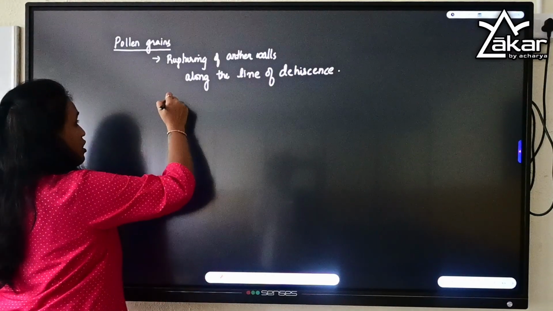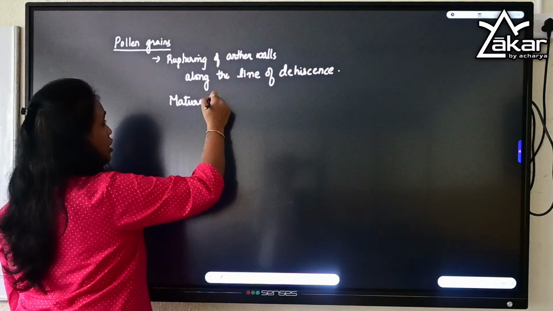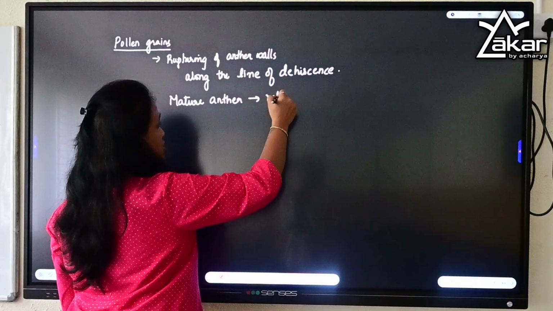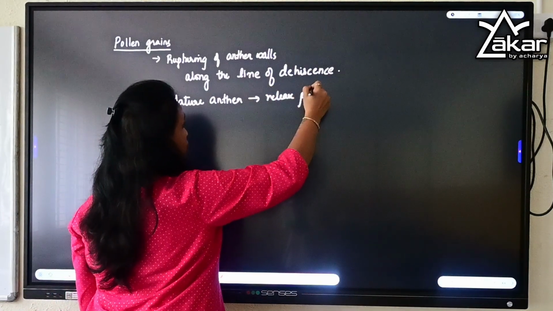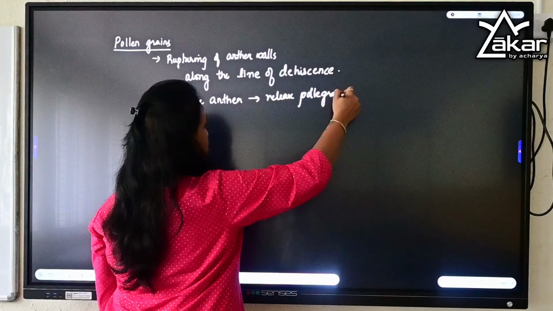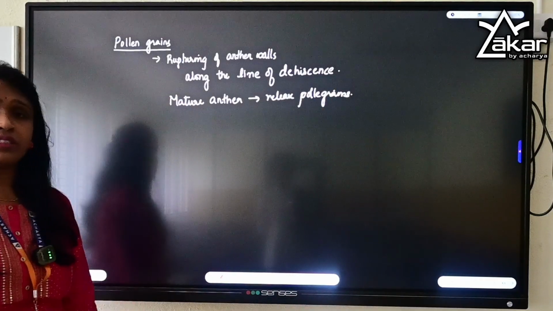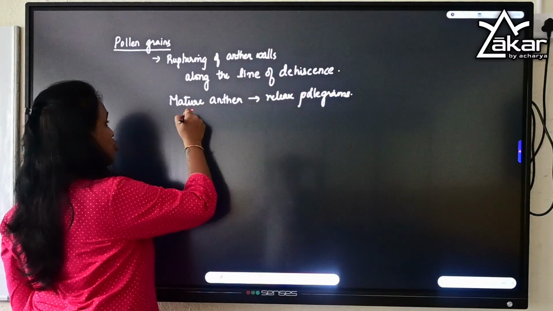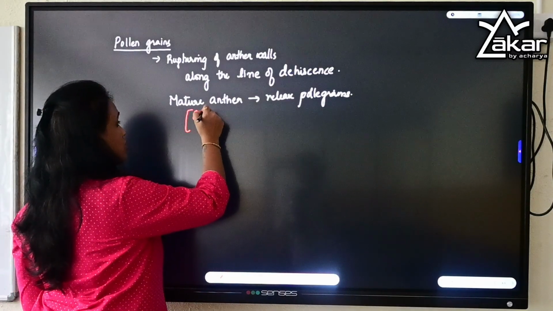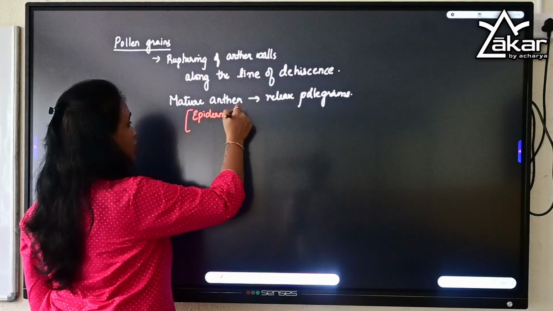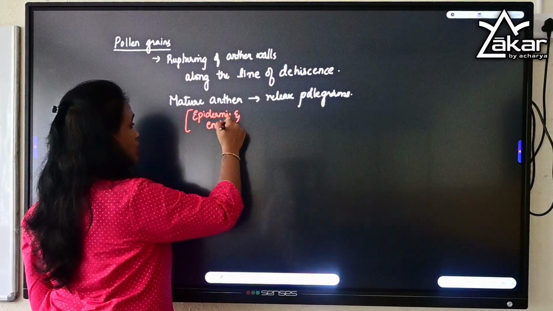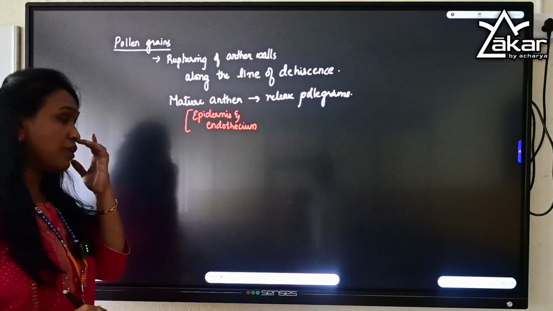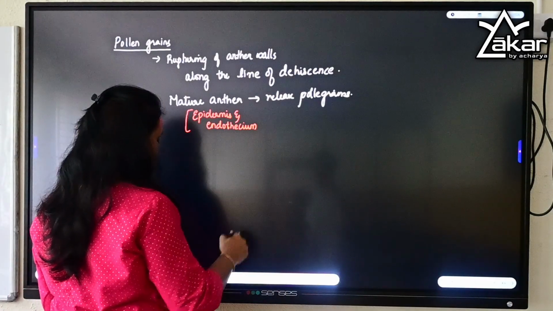So the mature anther releases pollen grains by dehiscence. Now, in the mature anther, there is only the epidermis and endothecium. The other cells, the middle layer and the tapetal cells, become dead. So that is one thing.